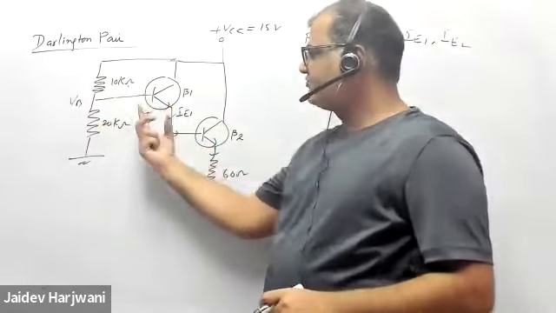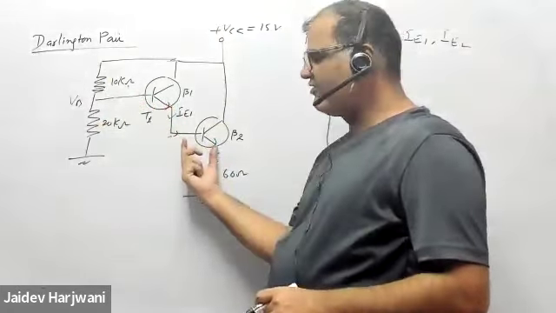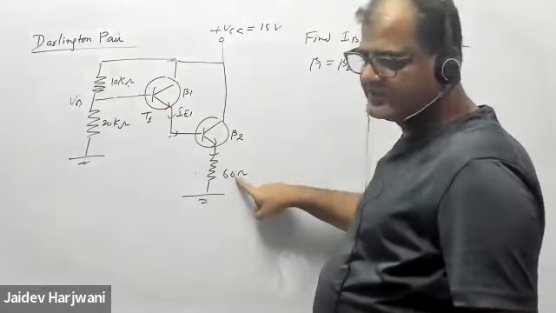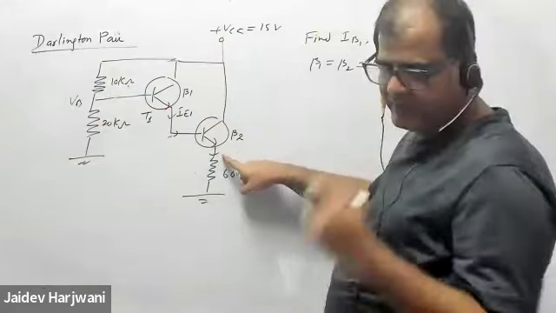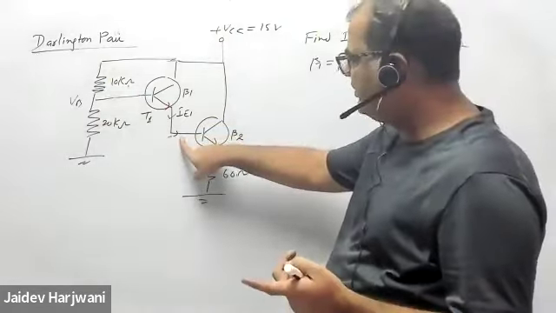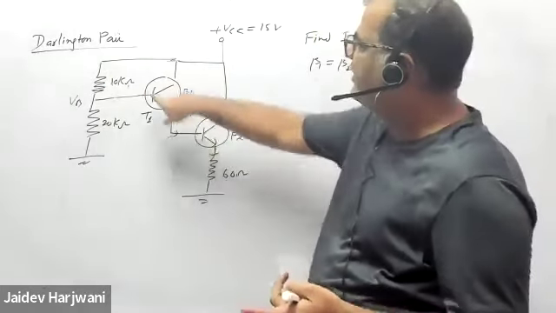So VB minus 0.7, 0.7, 1.4, the remaining voltage will come here. Now you know the voltage here and the resistance here, so you can find IE2. Once you know IE2, you can find IB2. Once you know IB2, that is IE1, you can find IB1.